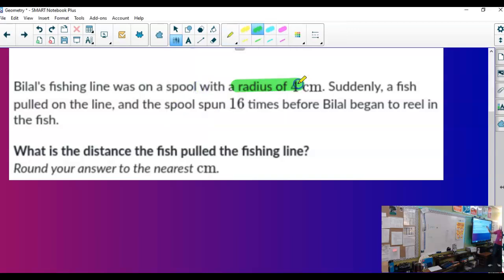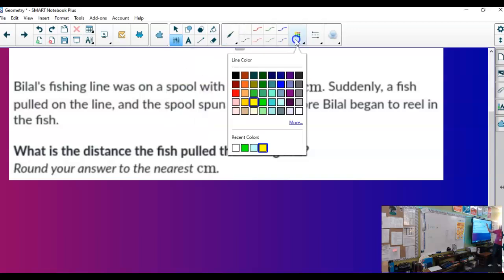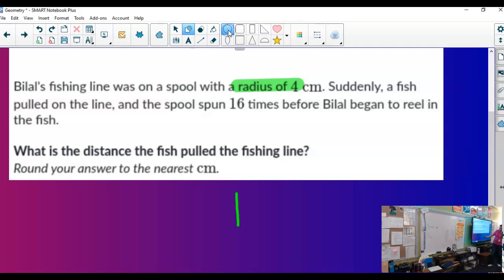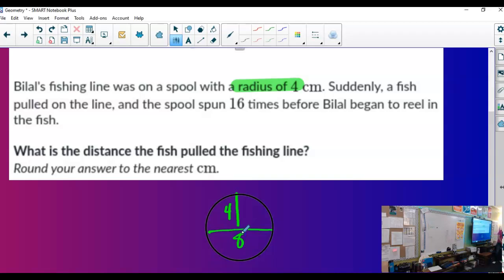So radius of 4, if I go to draw this spool, right, our radius of 4, so diameter of 8. A fishing boat's line spool spun 16 times before Bilal reeled in the fish.